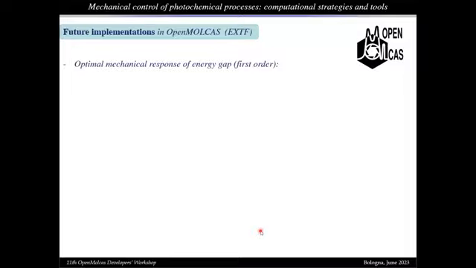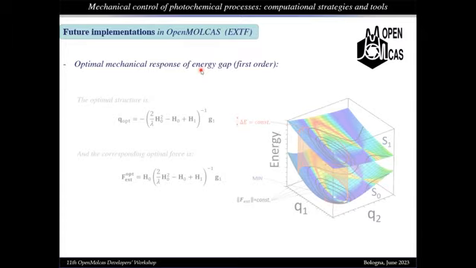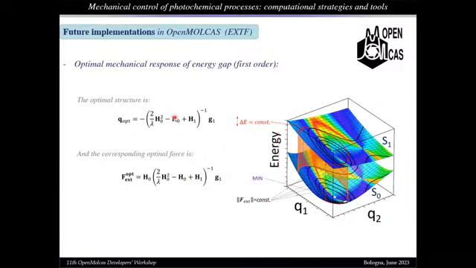We would also like to implement, as I said, the optimal mechanical response to first order. So these two equations. The idea is to be able, from Hessians and gradients, to get a first approach to the optimal force controlling a given energy gap between two states.